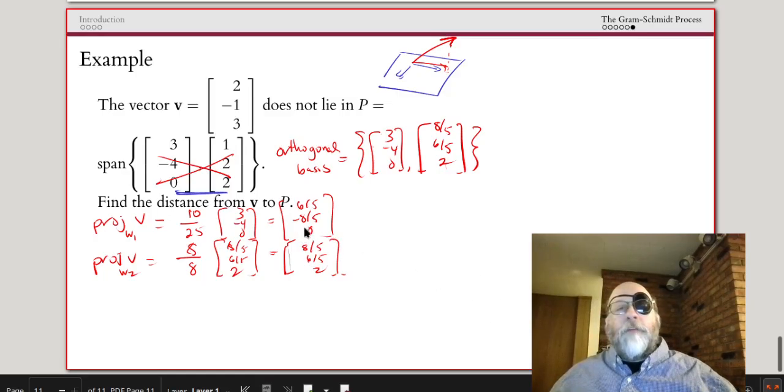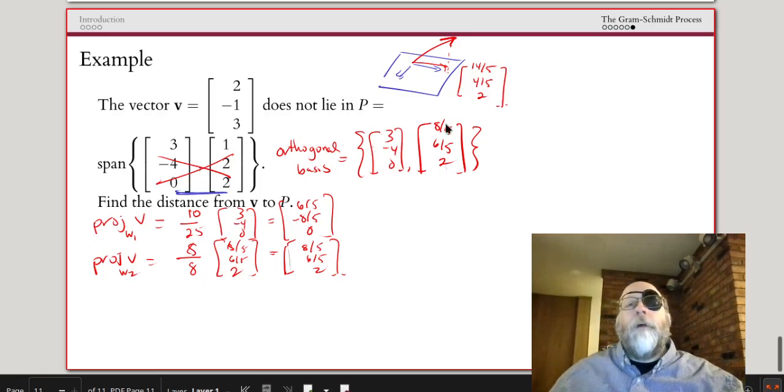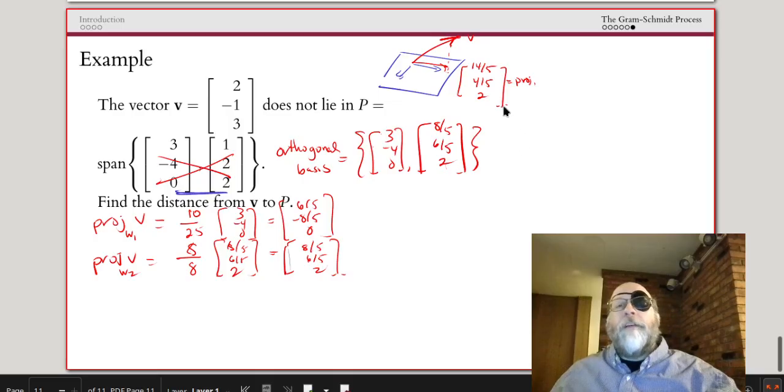So that's the projection. If we add these together, we get 14/5, 4/5, and 2. So this is V up here. This is the projection down here. We can use the distance formula to find the distance between them.